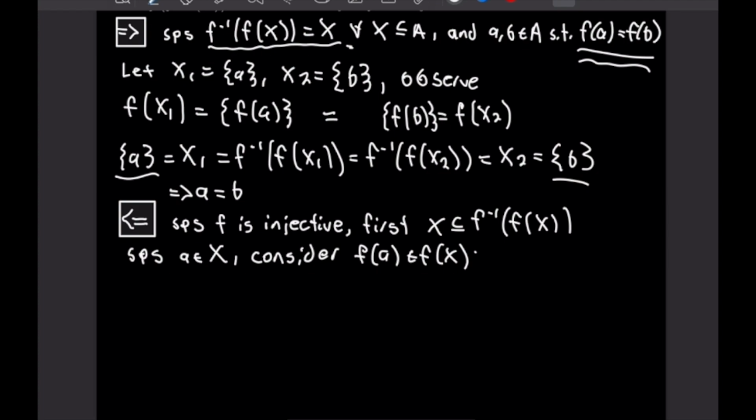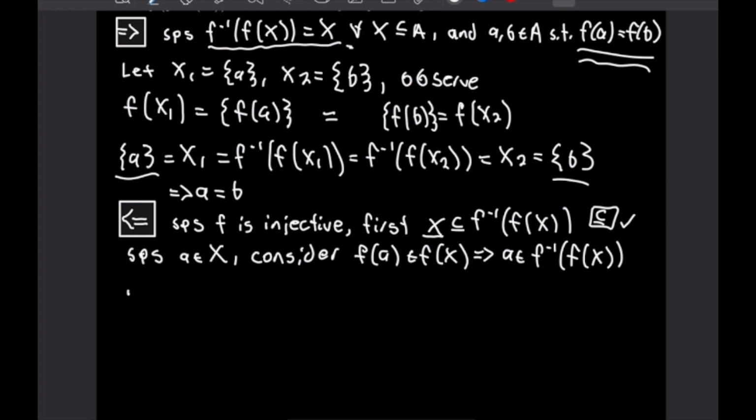Now we can take the pre-image of both of these, and we will get that a is in the pre-image of f of x. But that's what we wanted to show. We wanted to show that we could take an arbitrary element from x and show that it was in the pre-image of the image of x, which is what we did. Great, so that completes our forward inclusion there.